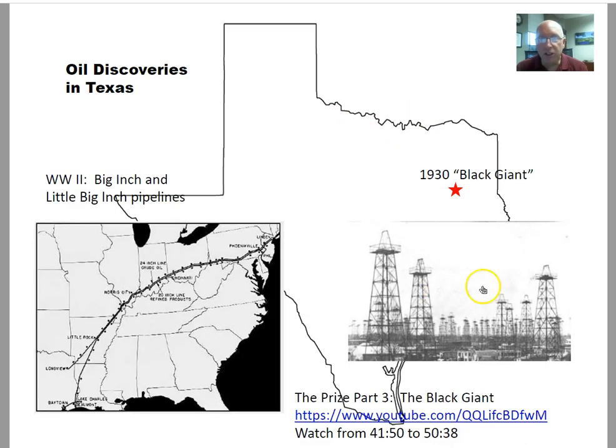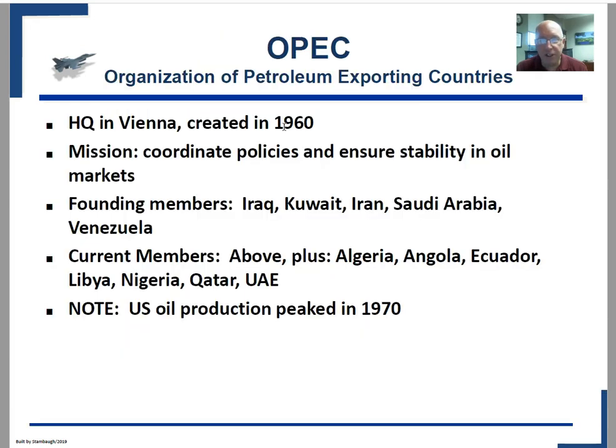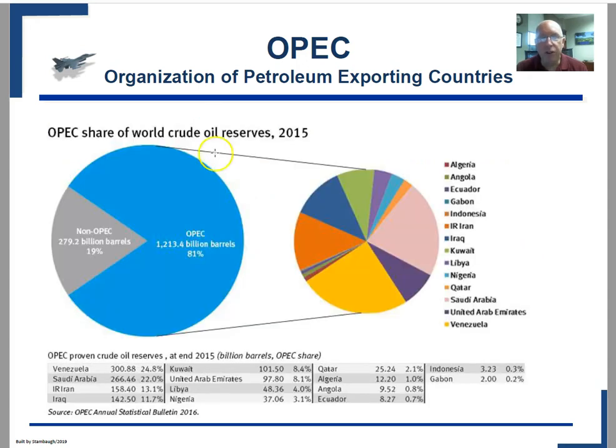However, the black giant, we talked a lot about the black giant, and there were several consequences to what happened with the black giant. So make sure you're ready to talk about that. And if you notice, both the places where I referred you to the Prize video, I said big things happened there. Nothing on the Seven Sisters. We did talk about OPEC, and we want to think about how OPEC is influential today.